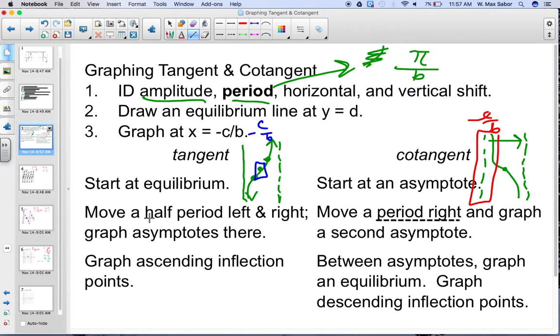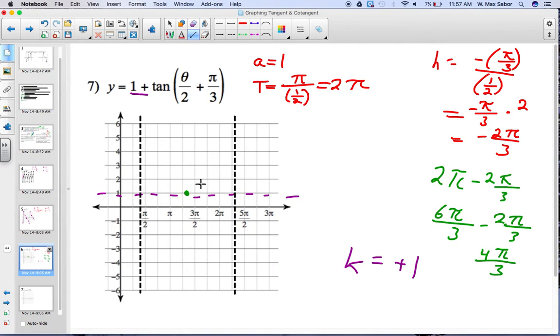We want to move half period left and right to graph the asymptotes. So those are asymptotes. If we graph another pi to the right, that would be about there, would be our next equilibrium point. Now we have graphed our equilibrium point, our asymptotes, and now it's a matter of graphing our inflection points.